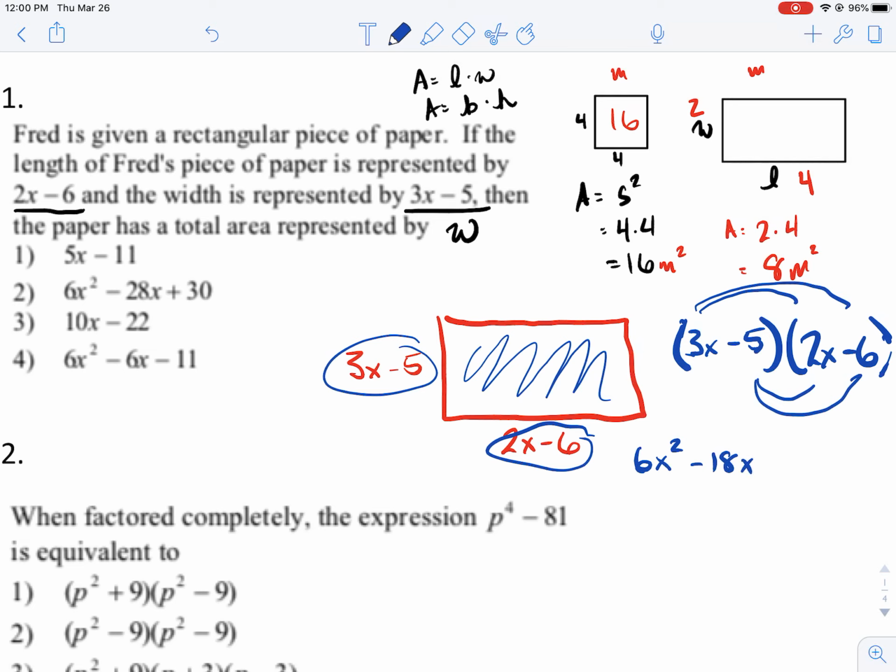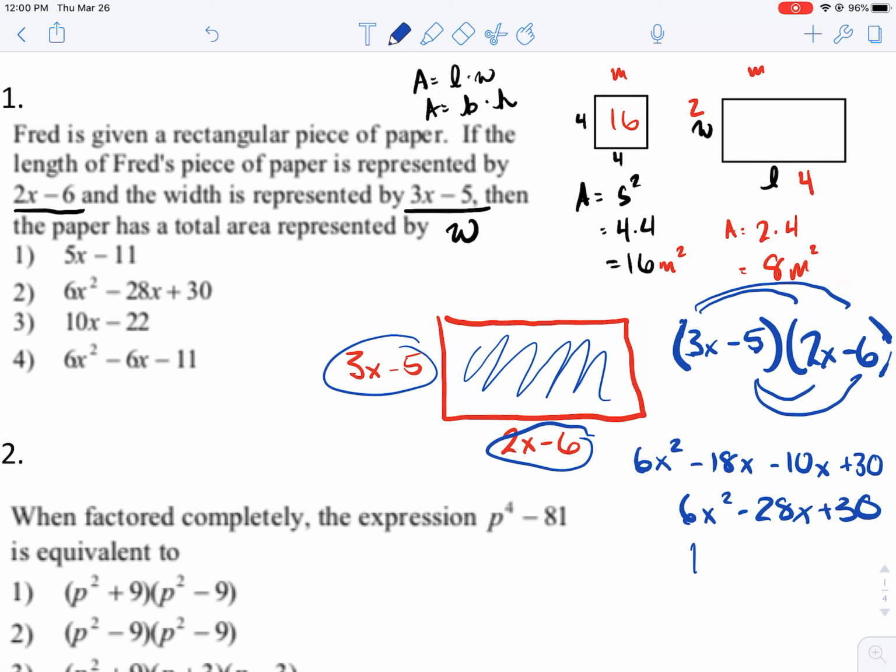We have negative 5 times 2x, which is negative 10x. And negative 5 times negative 6 is a positive 30. Combine like terms. And voila, it's in standard form.